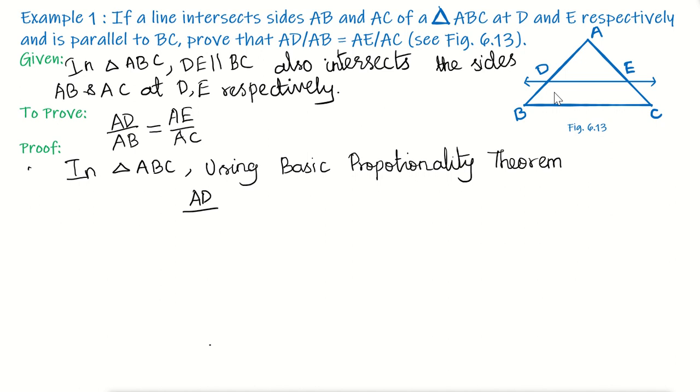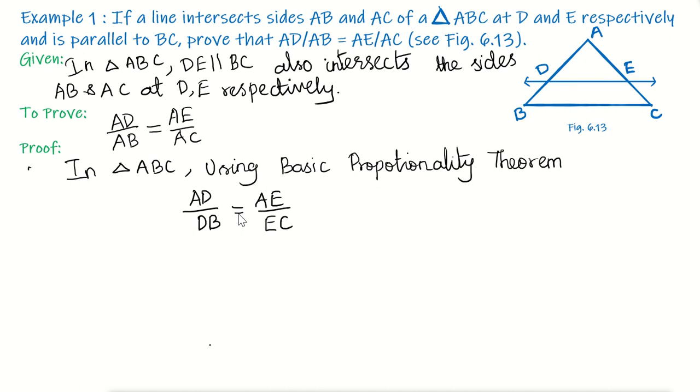AD by DB is equal to AE by EC. Okay, using the theorem. Now comparing with what we have to prove, AD and AE, the numerator is the same on both sides, and the denominators DB and EC are portions of the whole sides AB and AC.